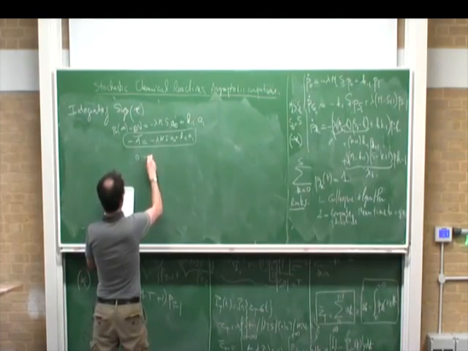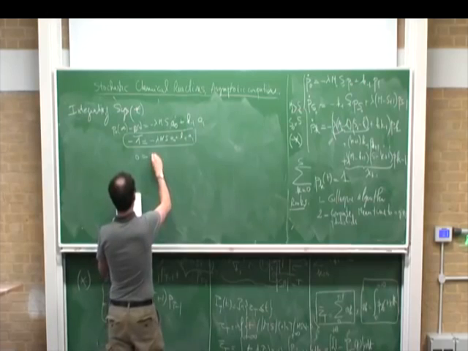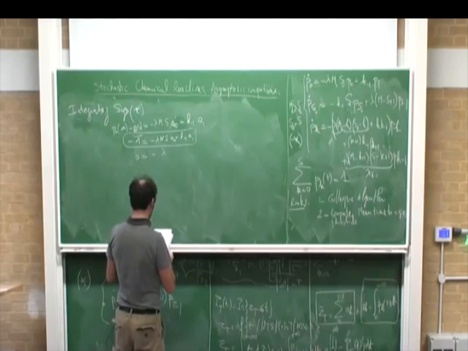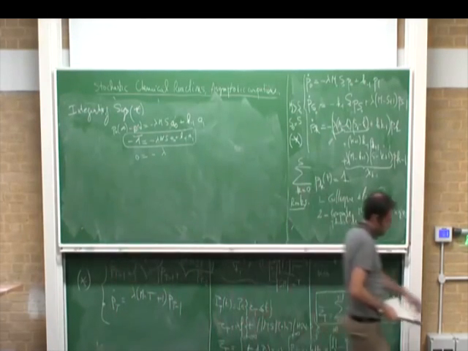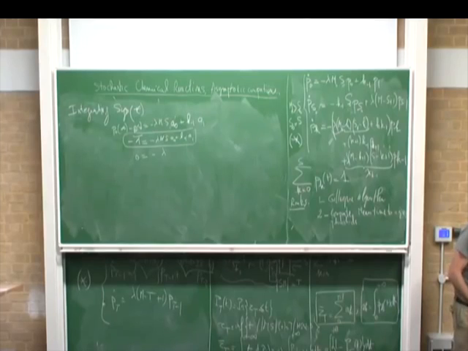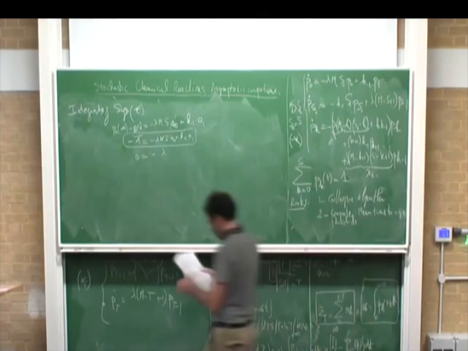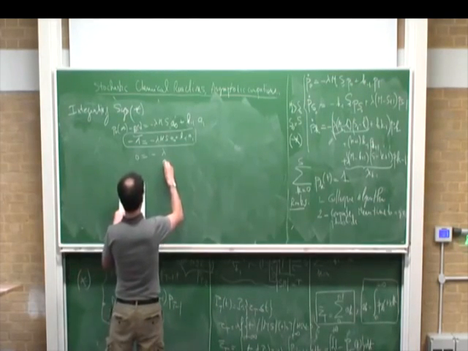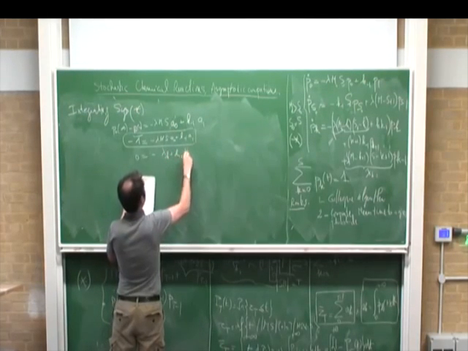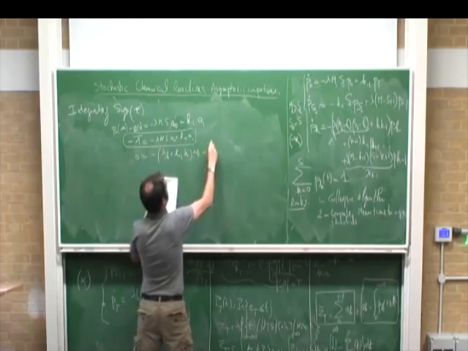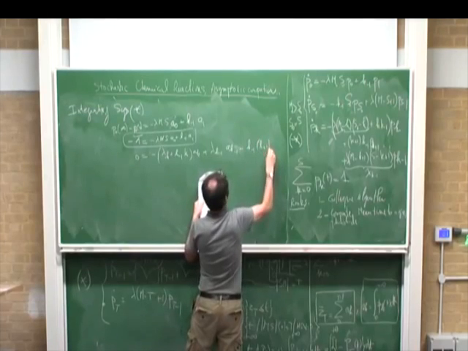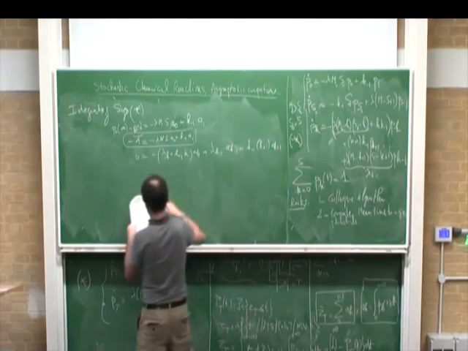Right, so we get 0 equals, so we have the rate, so this is minus lambda k plus k minus 1 k, ak plus lambda k minus 1, ak minus 1 plus k minus 1, k plus 1, ak plus 1. So this is just what we've written here.